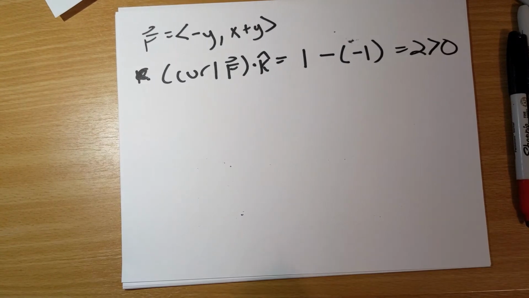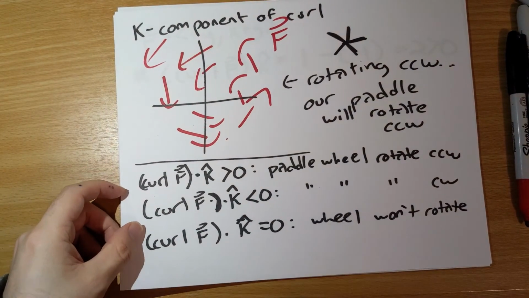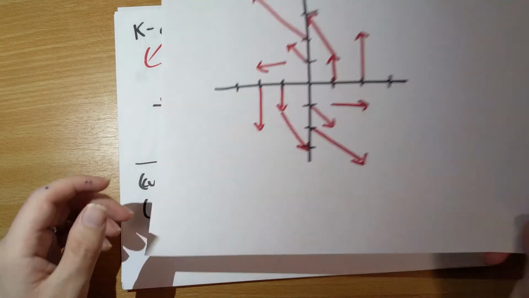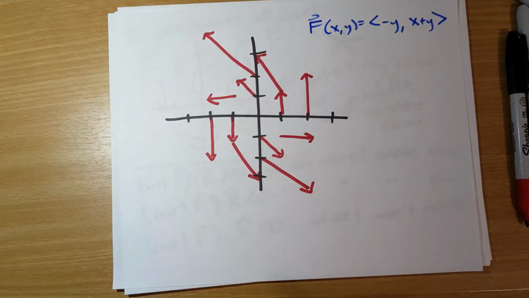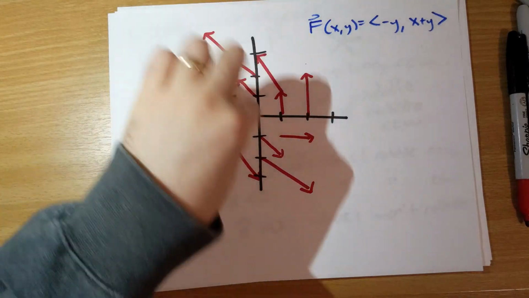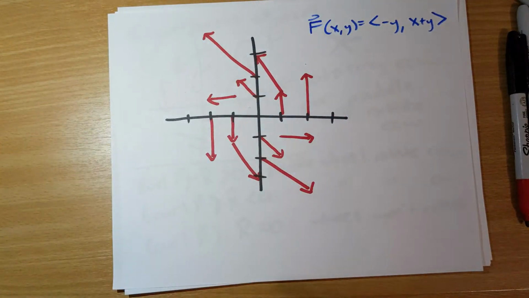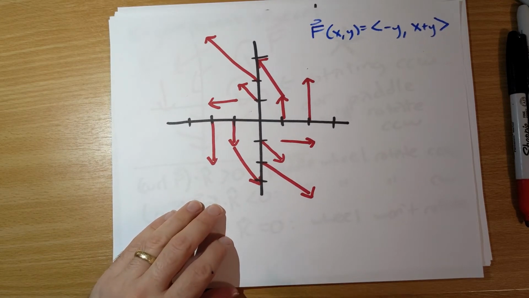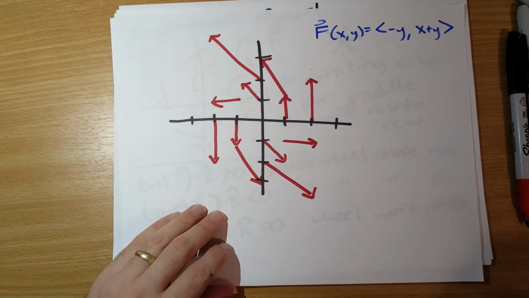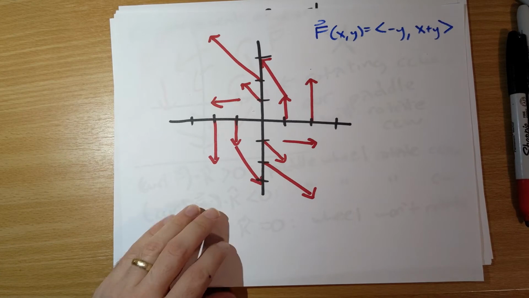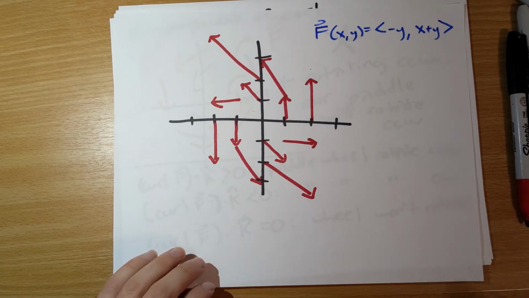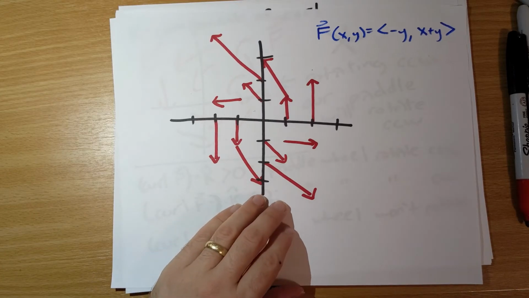And yes, that's positive, which corresponds to our paddle wheel rotating counterclockwise. We can see that from the picture too. If you drop in the paddle wheel at any given point, you're going to have a little bit of counterclockwise rotation going on. Useful if you're trying to operate some kind of mill, trying to get some power going.